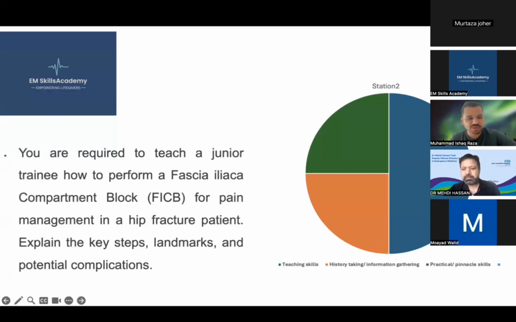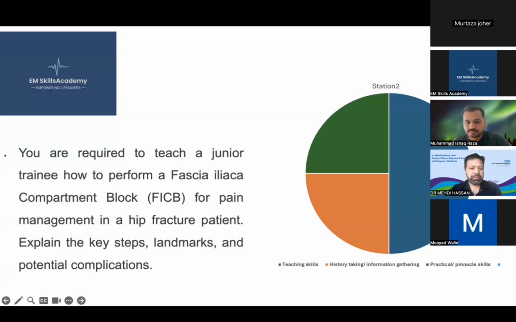Hello, hi, I'm Dr. Raza, one of the emergency registrars. Are you Dr. Mehdi? Hi, I'm Tom. I'm one of the F2 doctors in the department. Hello, Tom. Nice to see you. How's your day? Oh, thank you, I'm doing well. Right, Tom. So I understand you've got a patient for a fascia iliaca block. Is that correct? Yeah, I have seen one patient, I checked the X-ray, which shows a right neck of femur fracture.